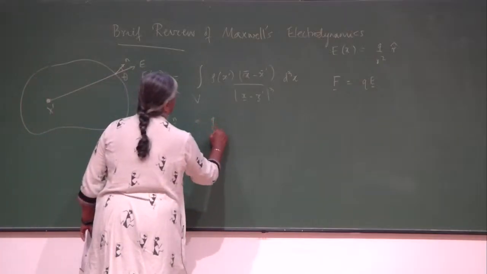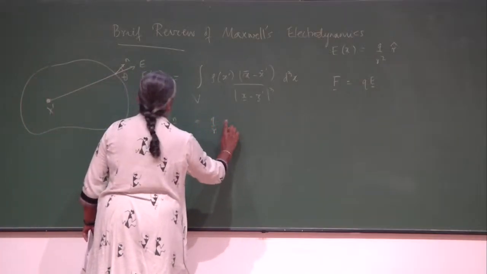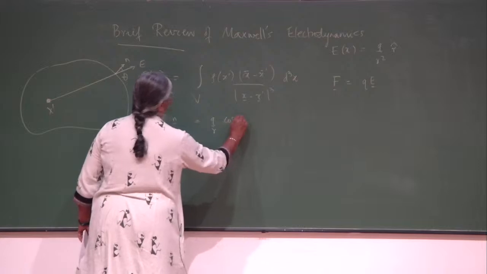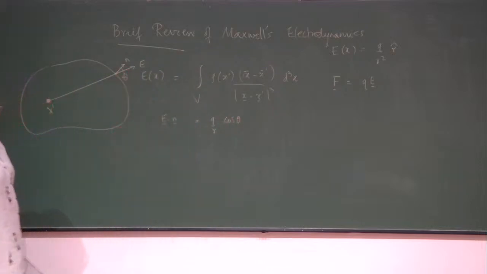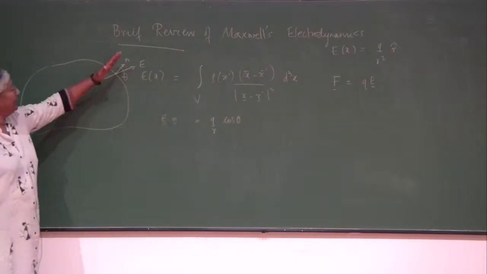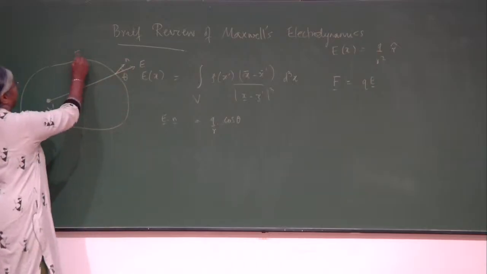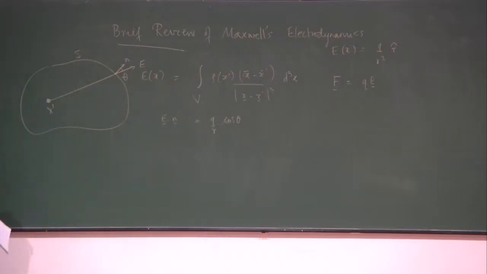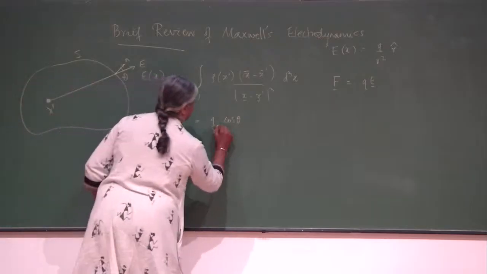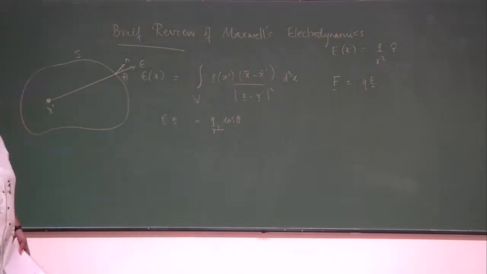So Q by R squared into cos theta, because E dot n is just cos theta. So the perpendicular component of the electric field on the surface S is simply Q by R squared cos theta.